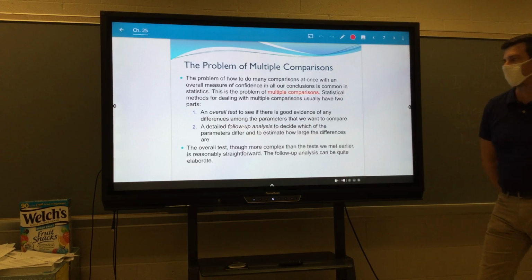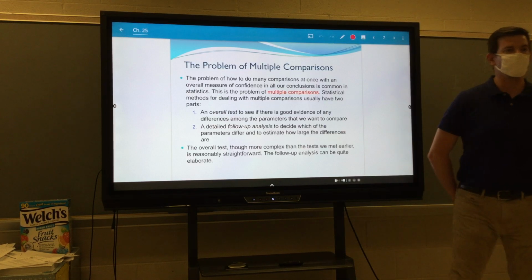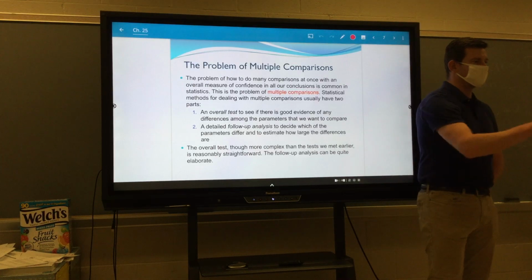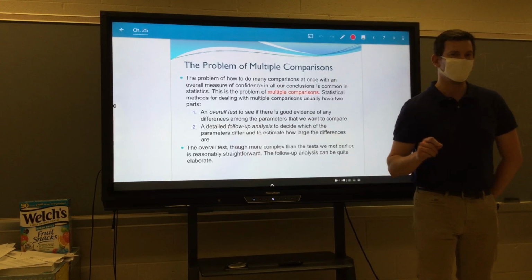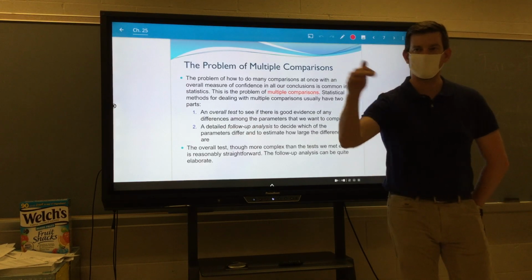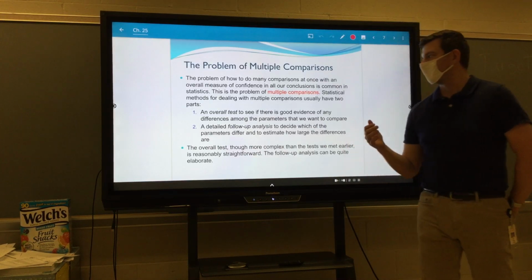Additionally, it says the problem of how to do many comparisons at once with an overall measure of confidence in all our conclusions, this is common in statistics. We don't live in a world where it's easily broken down into black and white. How does this one thing compare to this one thing? No, it's complex, and it has different ways that things could be interpreted or broken down.